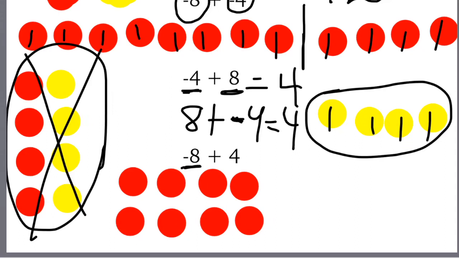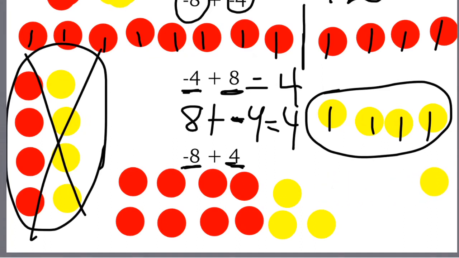Then I'm going to count out 4 positive counters, which is 4 yellow. 1, 2, 3, 4.